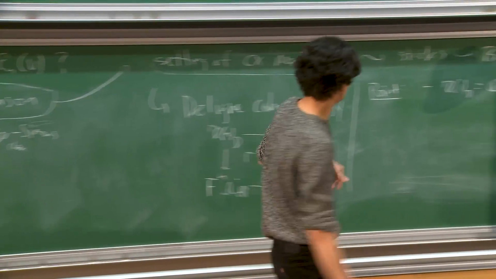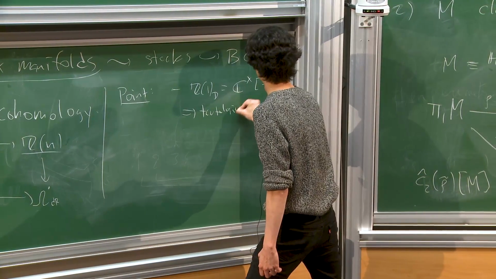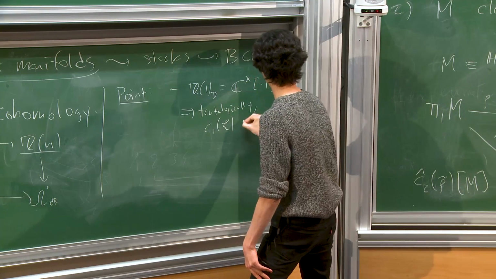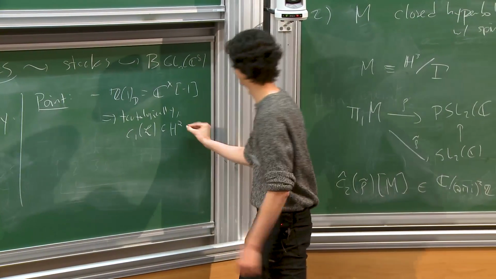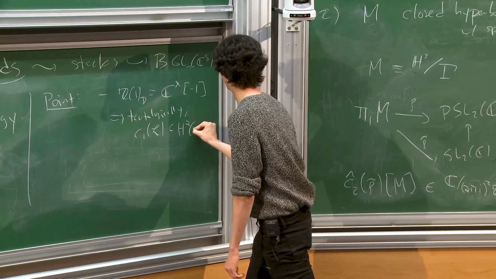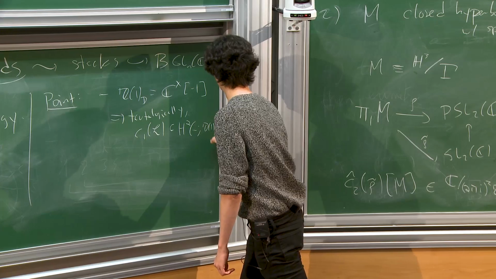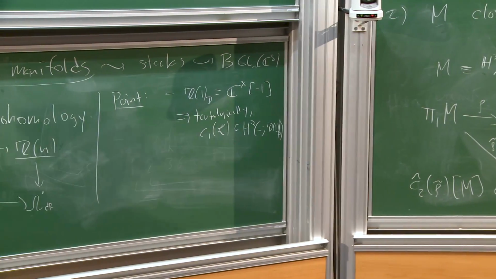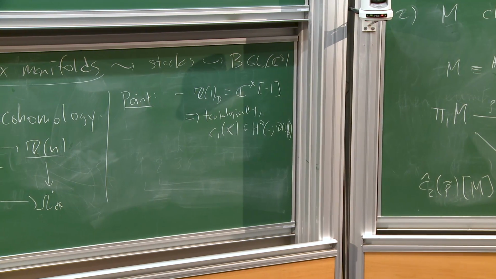And what this means is that you get tautologically first Chern classes of line bundles in H2, with coefficients in Z(1) Deligne. That's the first point: just by staring at the definition, you see there's a tautological way of defining the first Chern class.